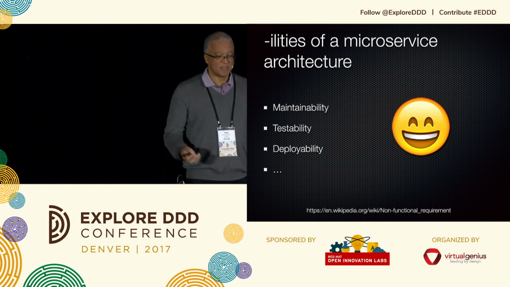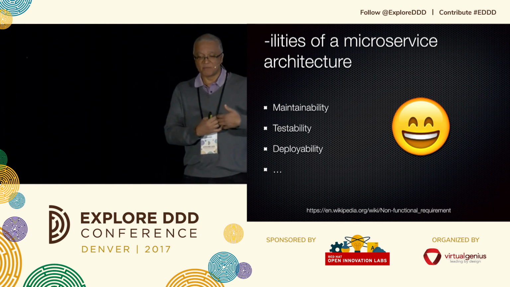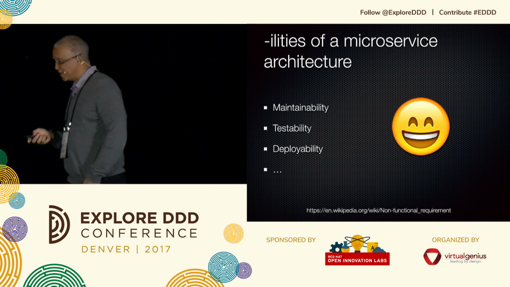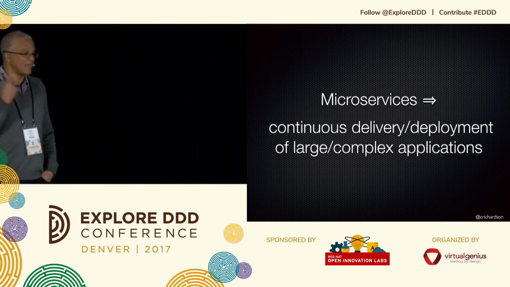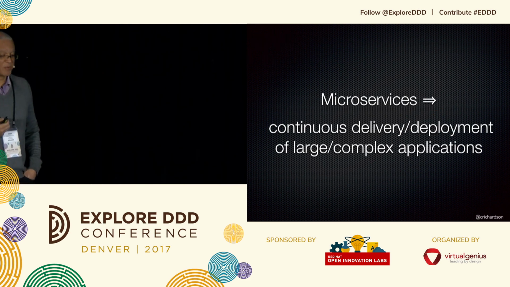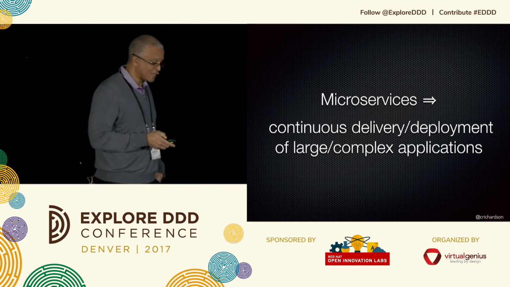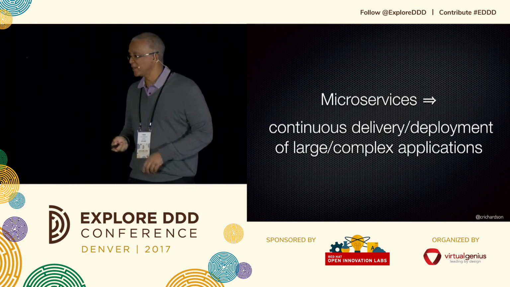And that's the goal. That means that a team of developers can deliver their service very rapidly. That's the main goal of the microservice architecture, to enable the continuous delivery or deployment of large, complex applications. So you decompose, and that enables you to go quickly.